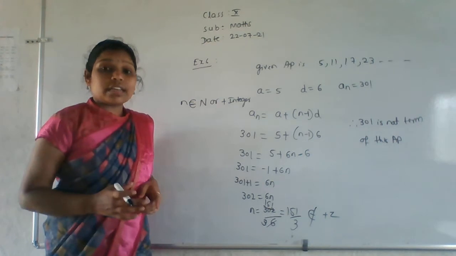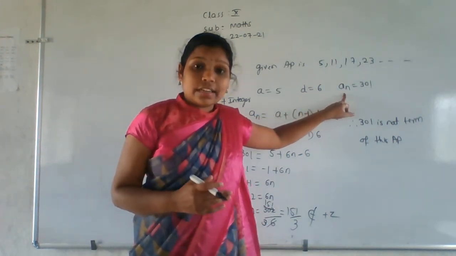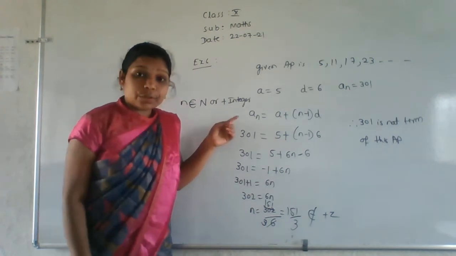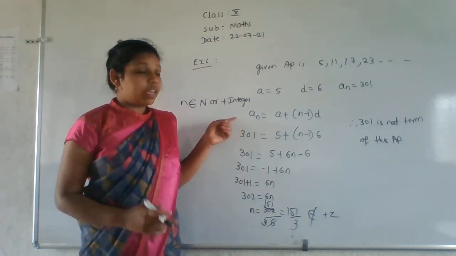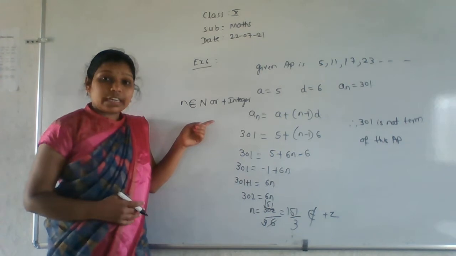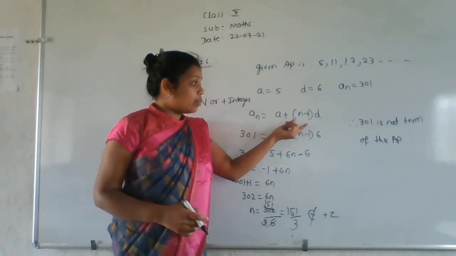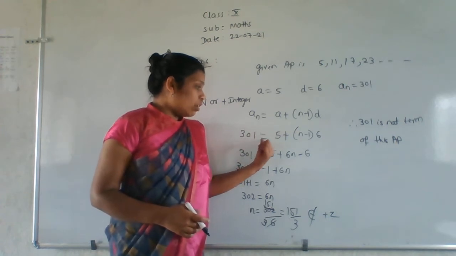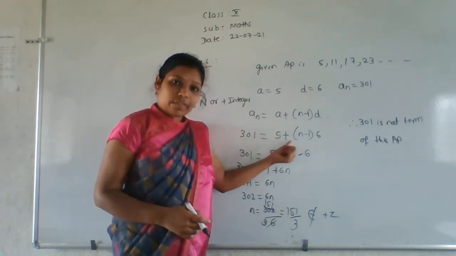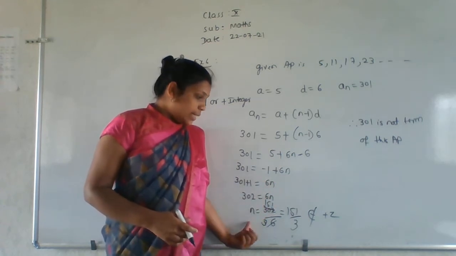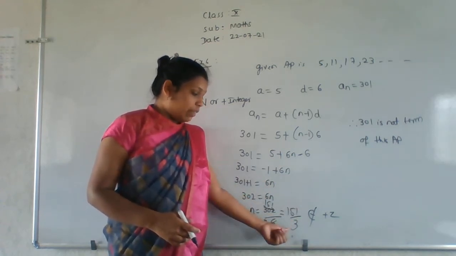For that reason, just assume the an value here is 301. An value is 301 means, according to the nth term of an AP, we have to use the formula an is equal to a plus (n minus 1) into d. That will be 301 equal to, substitute all the values and multiply and simplify. Okay, so what you are getting, n is equal to 151 divided by 3.